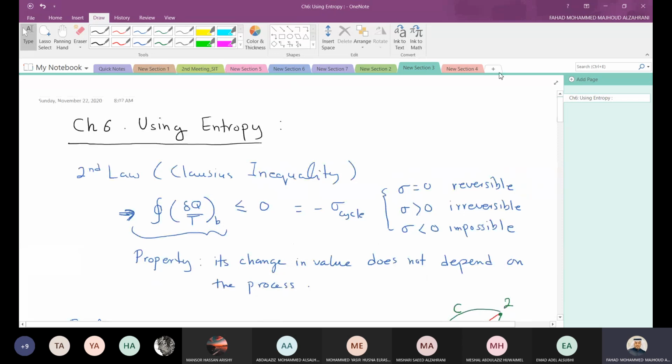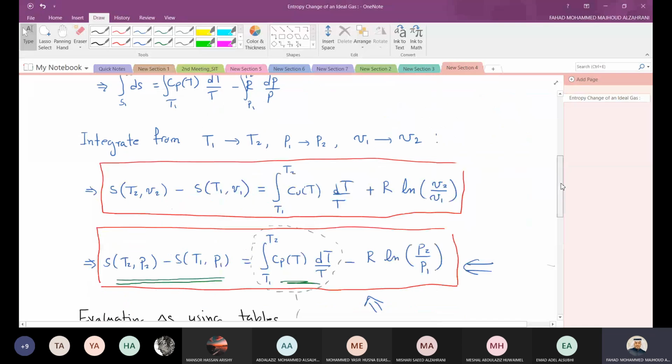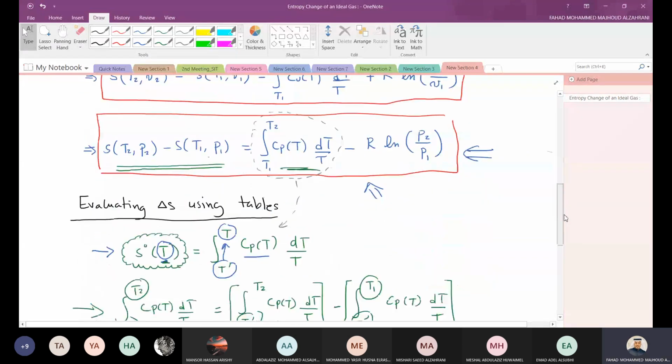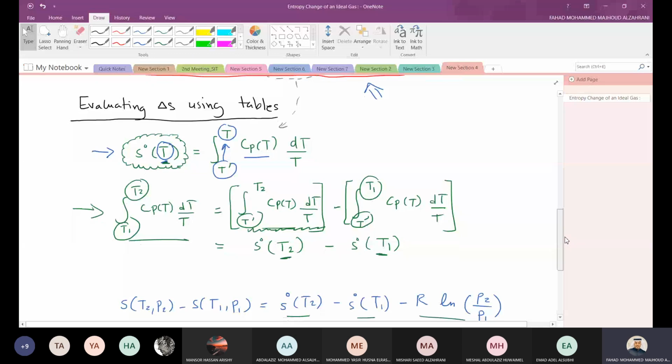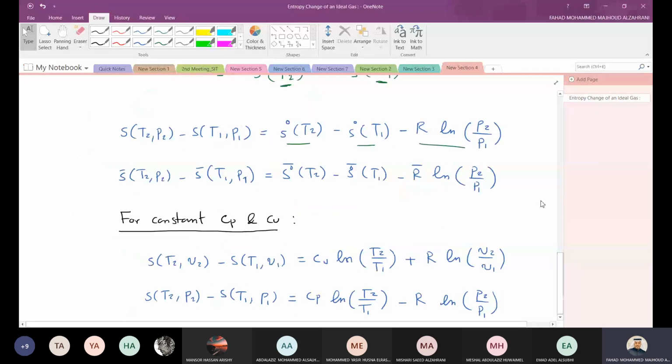Then we showed how we evaluate this for, for example, an ideal gas, and we derived the equation that can be used to evaluate the entropy of an ideal gas, and using the ideal gas table as well. So this is from last time.